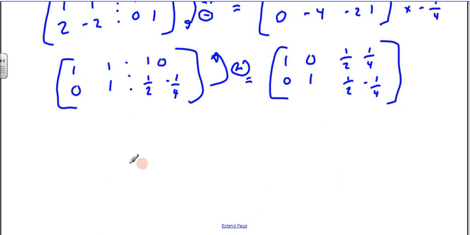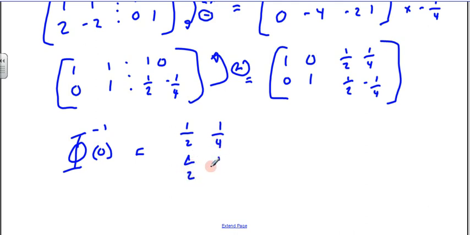So I find that iota 0 inverse is going to be [1 half, 1 quarter; 1 half, minus 1 quarter].